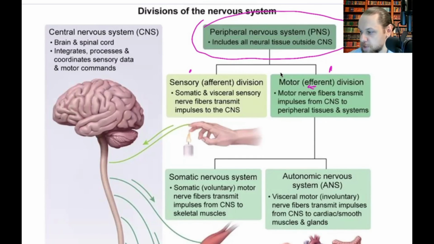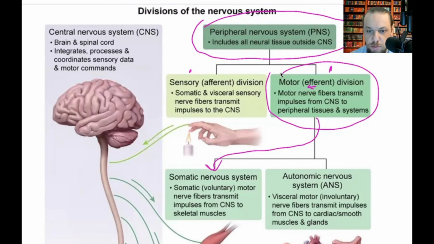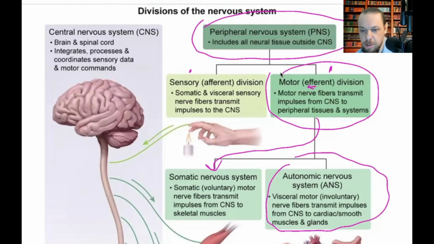So as we go down from the motor division, we talk about the somatic nervous system, which we will dive into in depth, which controls voluntary motor motion. And then we have the autonomic nervous system, which is not under your control. This is involuntary control, done by neurotransmitters.